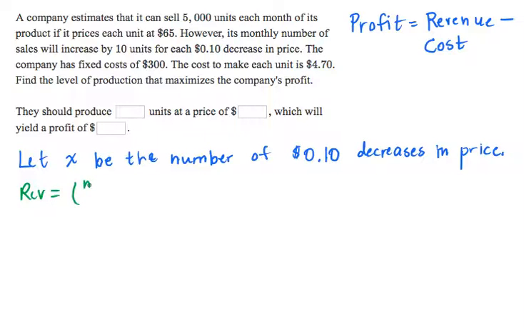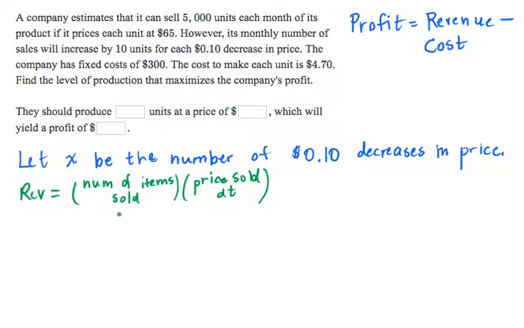In words, it's the number of products sold or items sold times the price that they are sold at, or their selling price. So how many items are we selling and what is their selling price? And we need to write both of those expressions in terms of our variable x.